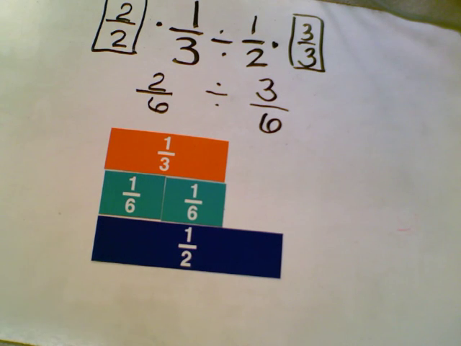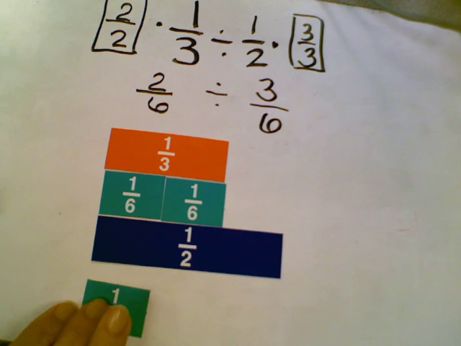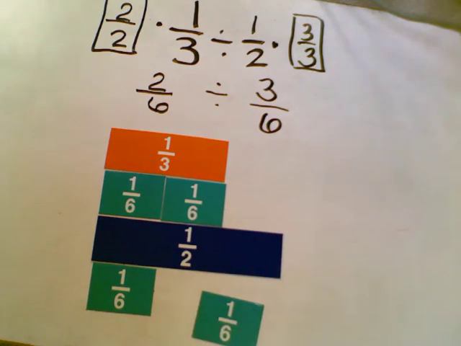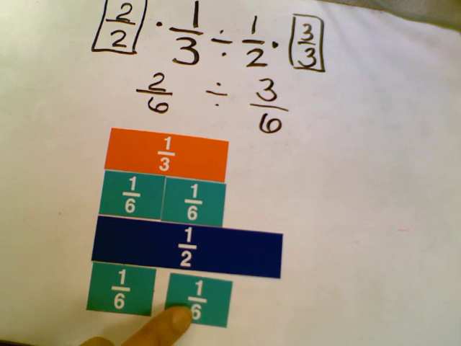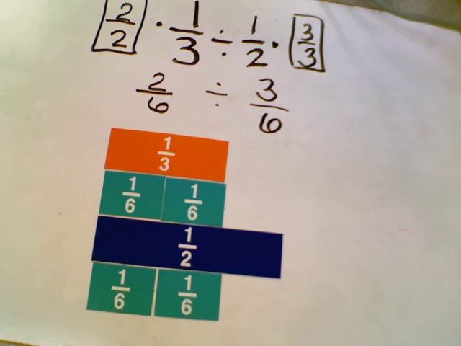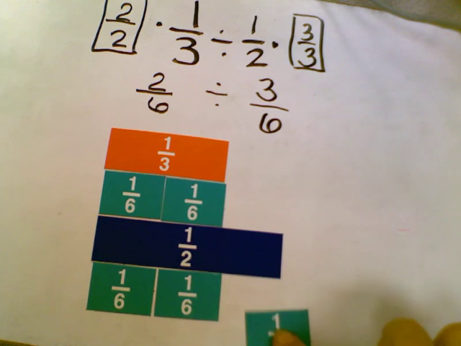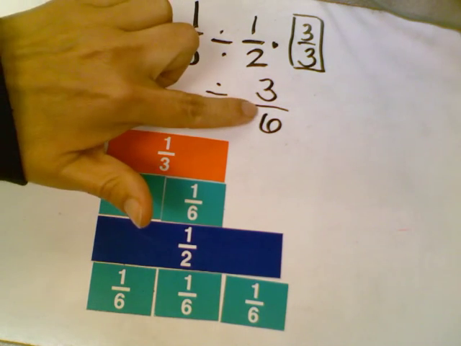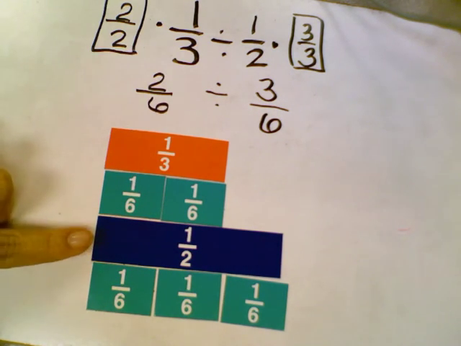So then what I did is I created equivalent fractions for the half. And I can prove that to you by showing you that 3/6 is the same as saying a half.